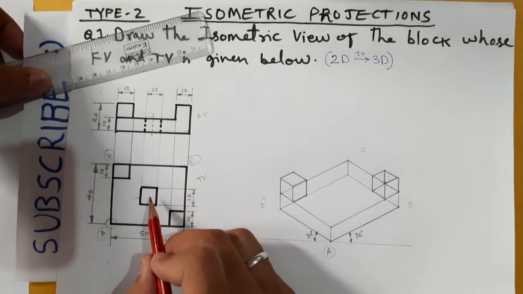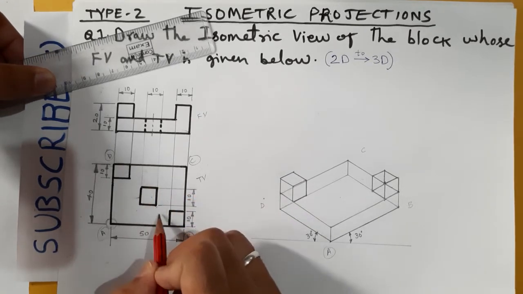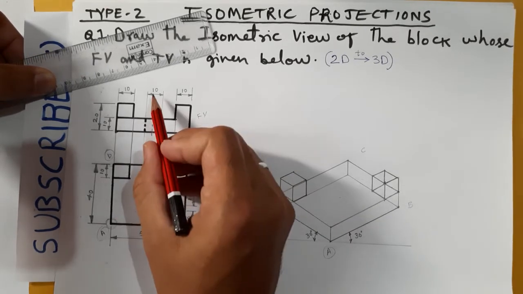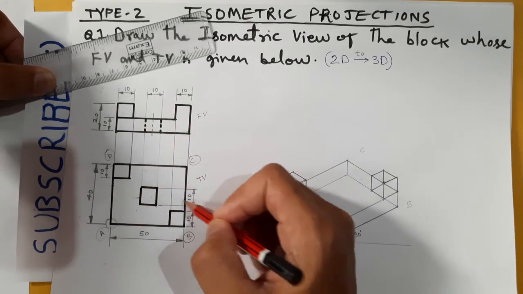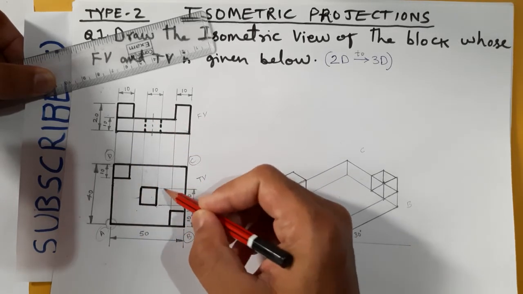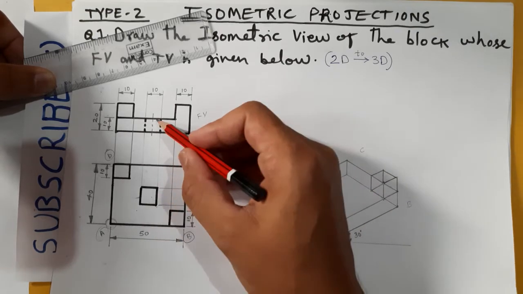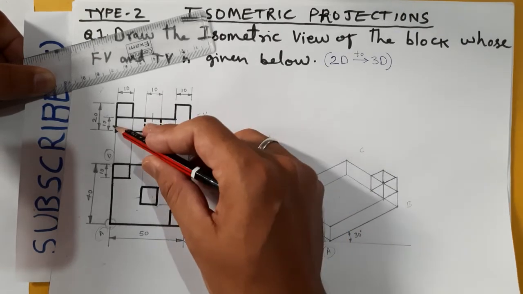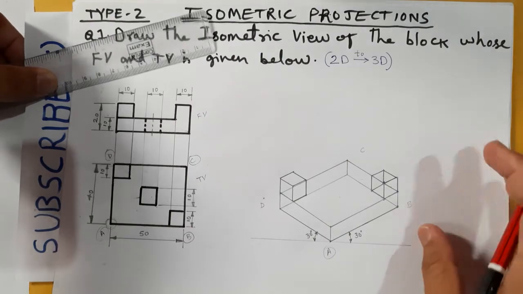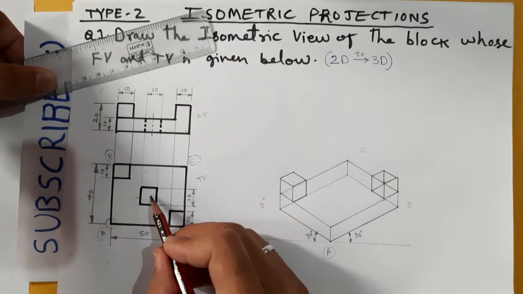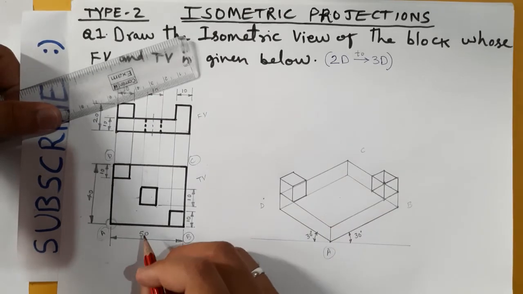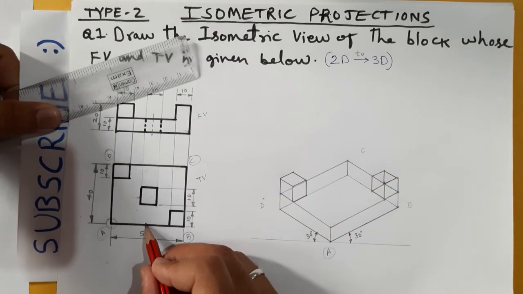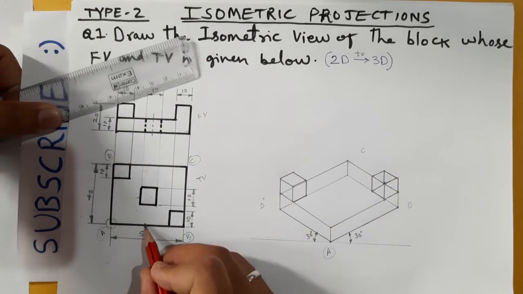First of all, find the dimensions of this width how much? Here they have given 10, and this width how much? Here it is given 10, so it is 10 by 10. Depth throughout, how much thickness is there? That much. Okay, so let us see here. First we need to locate the center. So this is 50, midpoint of 50 will be somewhere here. From here it is 25, from here it is 25.